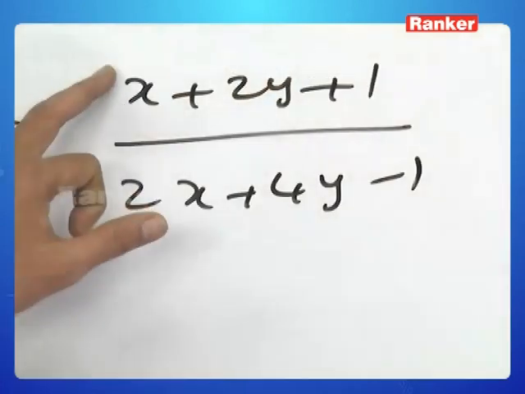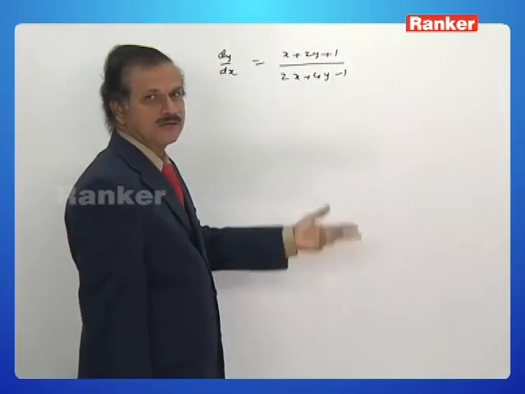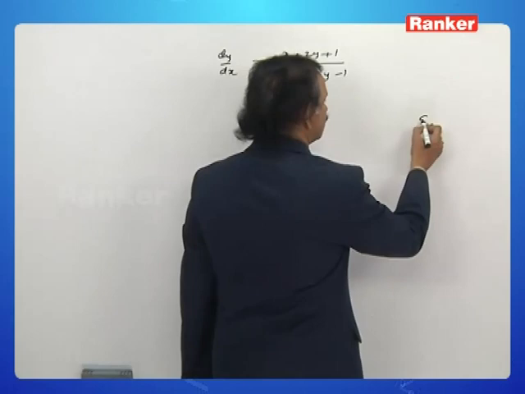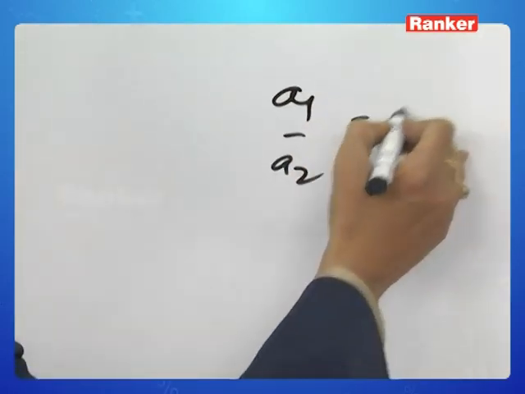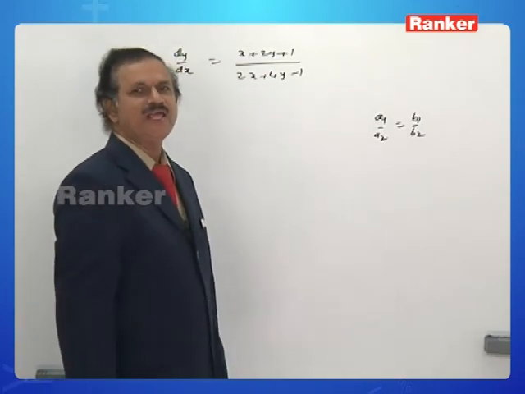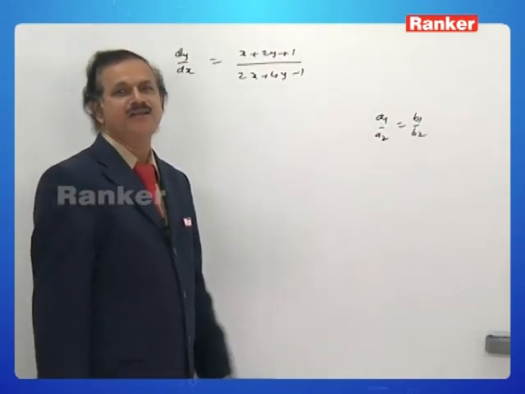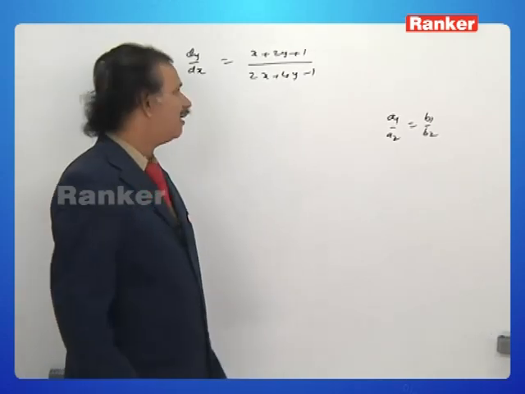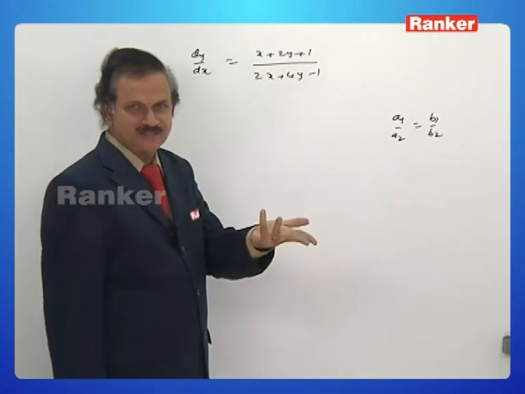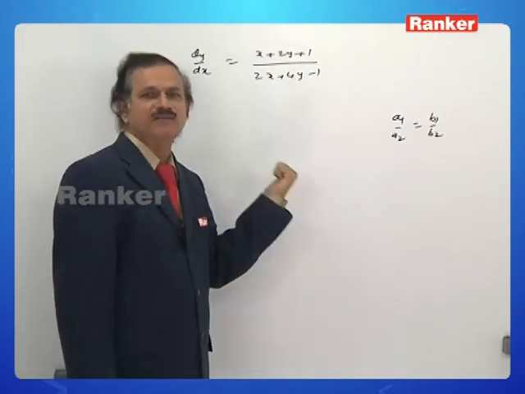Observe it. a1 by a2, 1 by 2. b1 by b2, 1 by 2. You see, a1 by a2 is equal to b1 by b2. The equality is just nothing but you will be in a position to have a common factor in both numerator and denominator. That's all. You can have this as 2 into (x plus 2y), isn't it? That makes it stronger, of course, about the procedure.